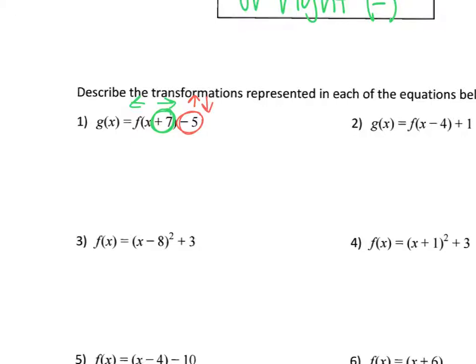Inside, left, right, outside, up, and down. For inside, we discussed if it's a positive, we're really going to the left. It's opposite. So we're going to the left 7. And then if it's negative, we're going down. So we're going down 5. So this graph is shifting to the left 7 and down 5.